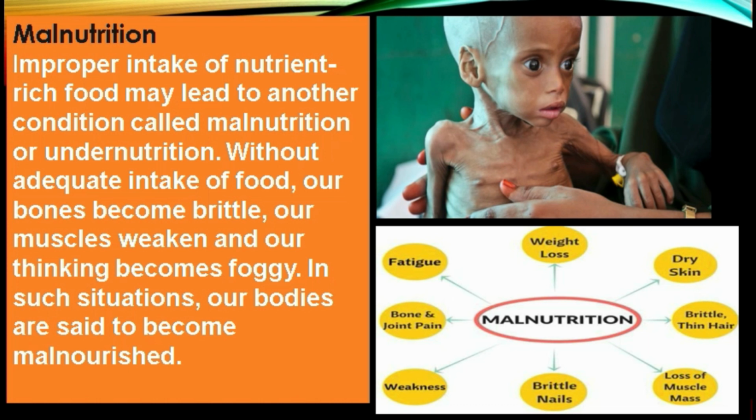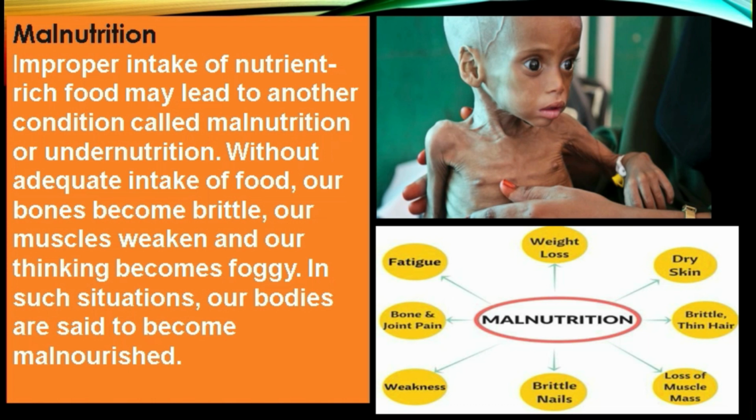Malnutrition refers to when a person's diet doesn't provide enough nutrients or the right balance of nutrients for optimal health. If a person doesn't get the right balance of nutrients, they can also have malnutrition.